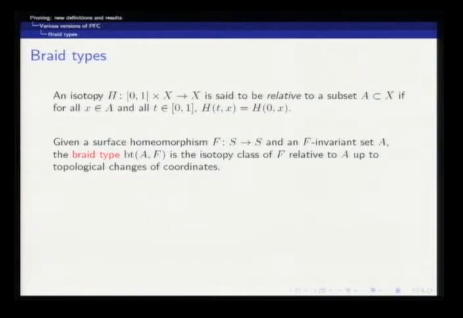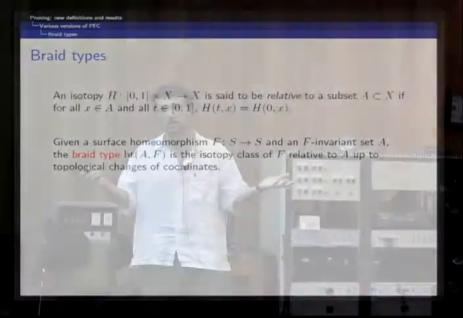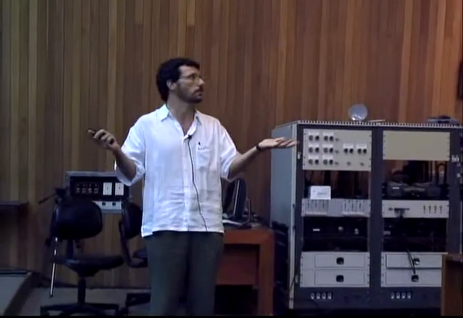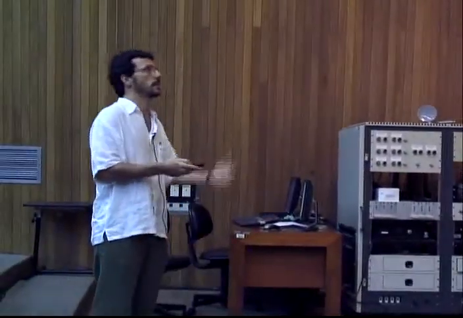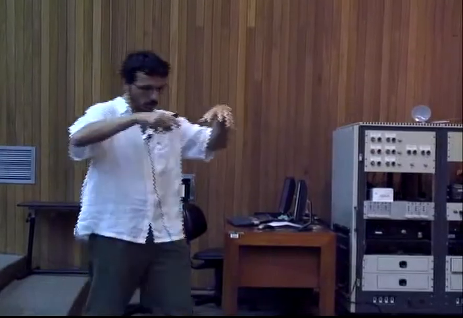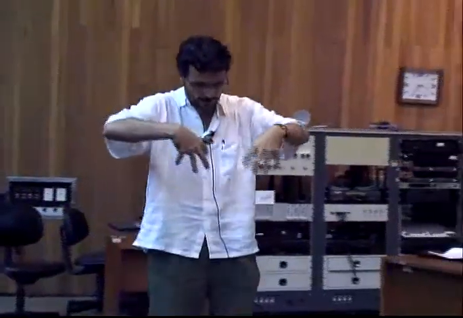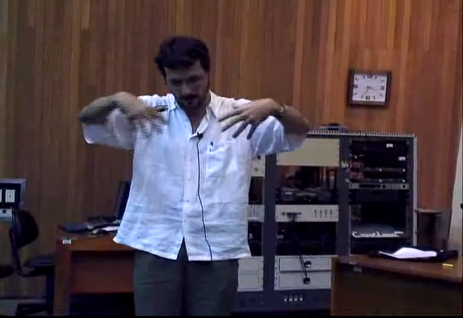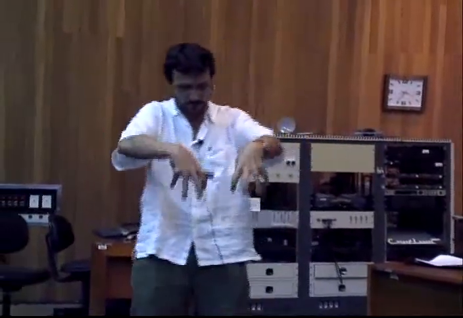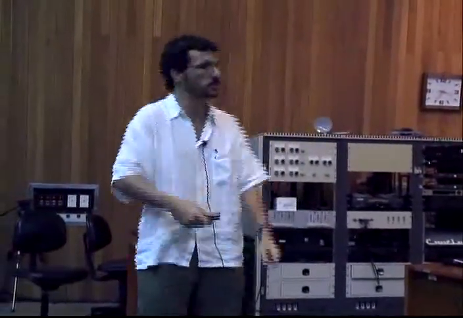You just put your fingers on the set A, and you let the map vary outside of A by an isotopy. That's it. Okay? This set A might be anything you want. It might be a periodic orbit, it might be an invariant Cantor set, it might be all of the non-wandering set, whatever. That's the braid type, but you only record what happens at this set. The rest can be varied in a family, but your set, you put your fingers there and they have to stay.